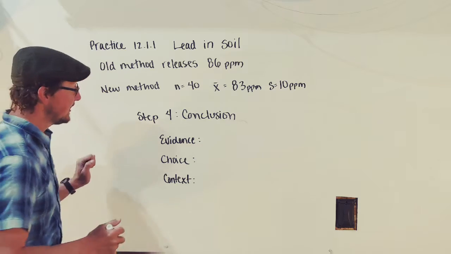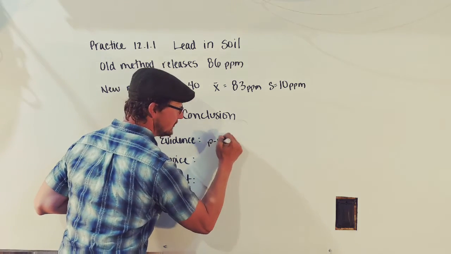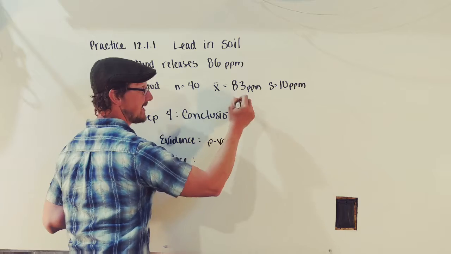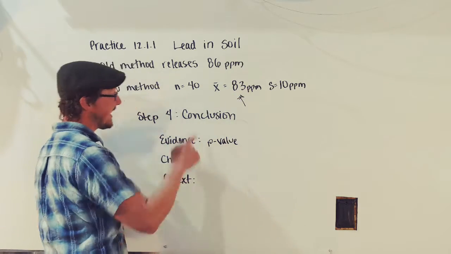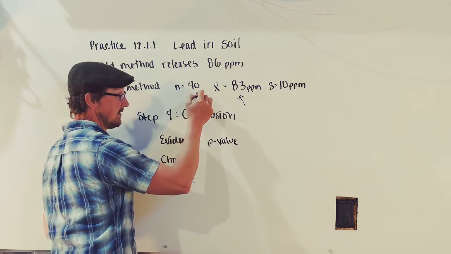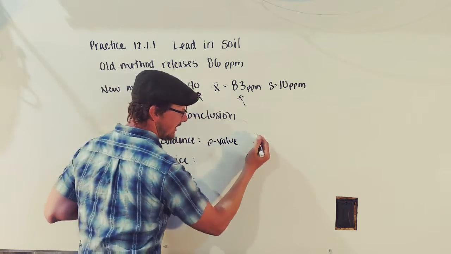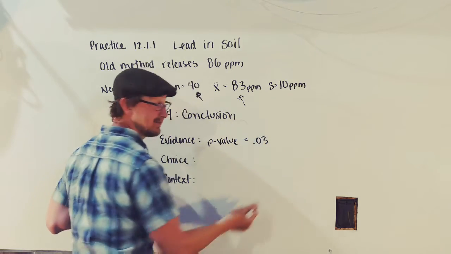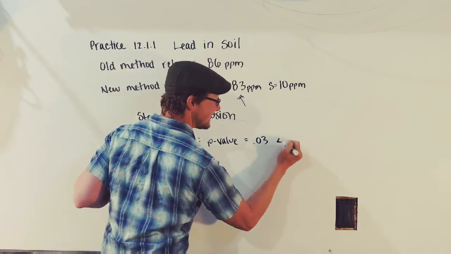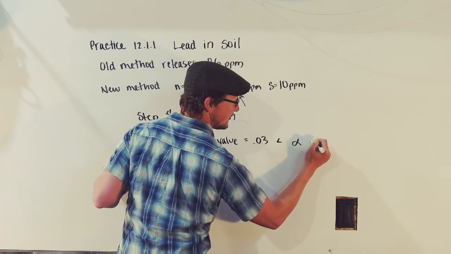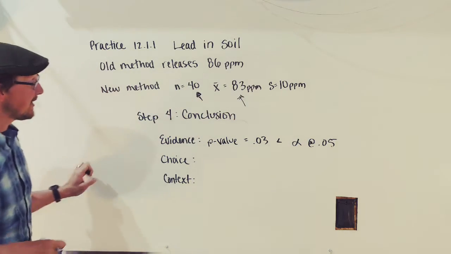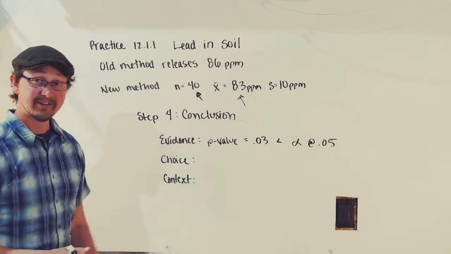Now, the evidence is that our p-value, the probability of seeing a result like this 83 after a sample of 40, was equal to 0.03. It's a 3% chance, which is less than our alpha at 5%. So with our p-value less than alpha, the choice is obvious.